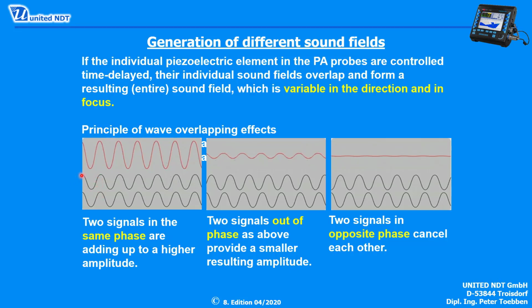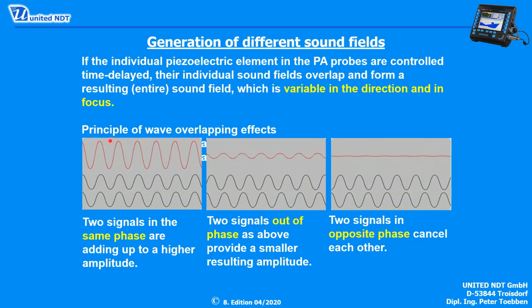So if you do that for two elements in the phased array probe, the effect is that you get a resulting amplitude which is double the height. So it's increased amplitude. Two signals in the same phase are adding up to a high amplitude.